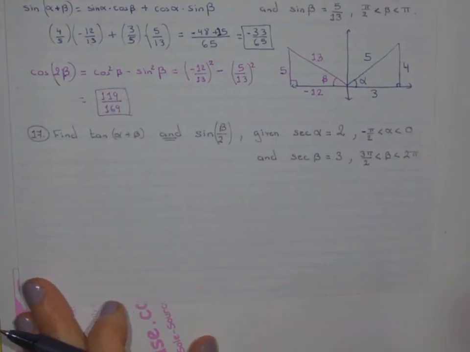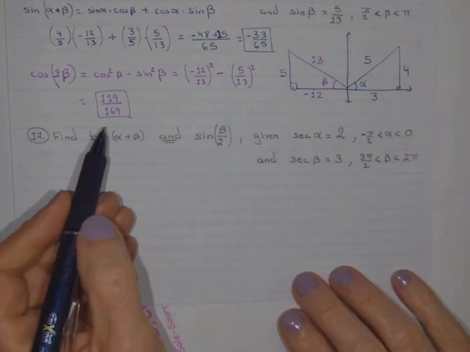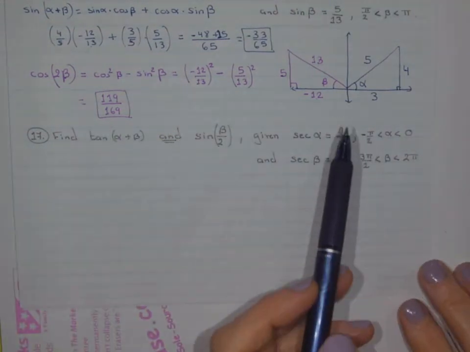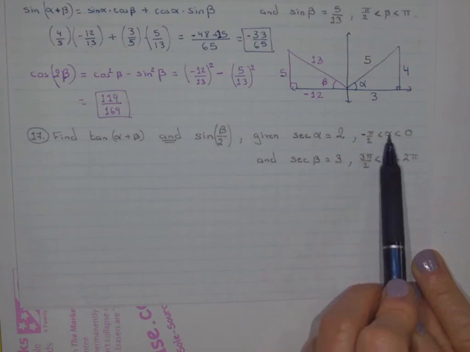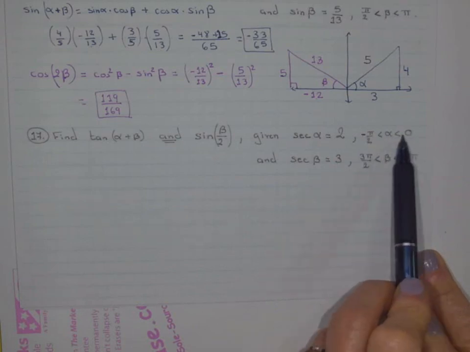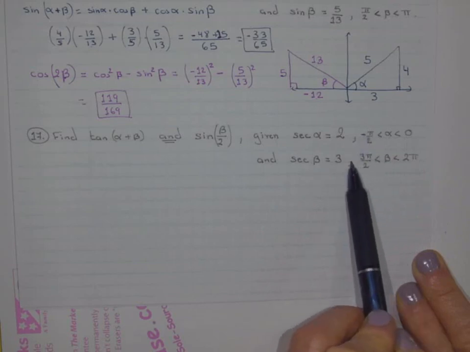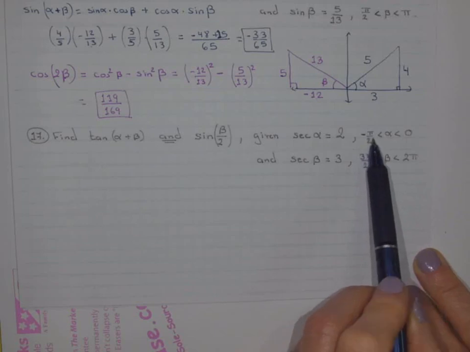Number 17. So for number 17, I have information given to me here, so I need to look where I am. Alpha has to be between 0 and negative pi over 2. So remember, when you have a negative angle, we go clockwise, so the negative pi over 2 is really your positive 3 pi over 2.